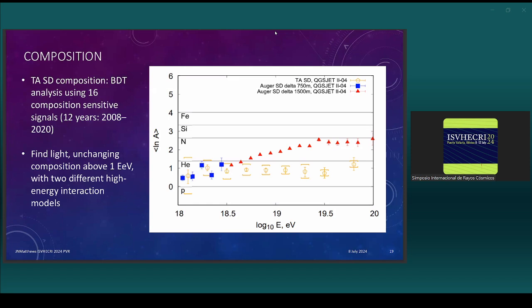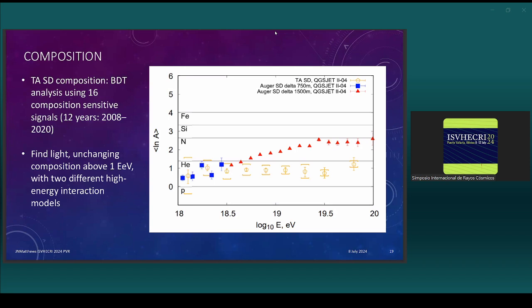So I would say if you don't do a recalibration or a cross-check of your surface data, we have to take this with a grain of salt, because that's coming out of the box.